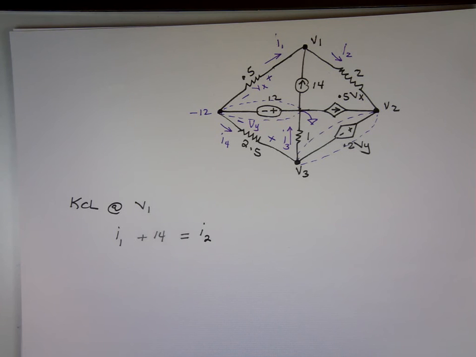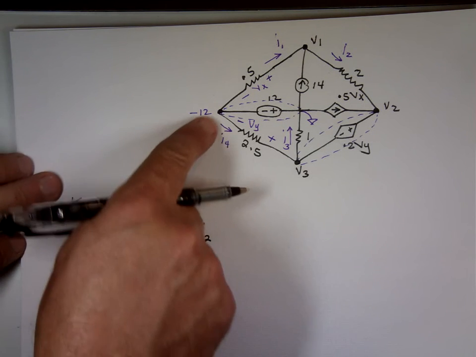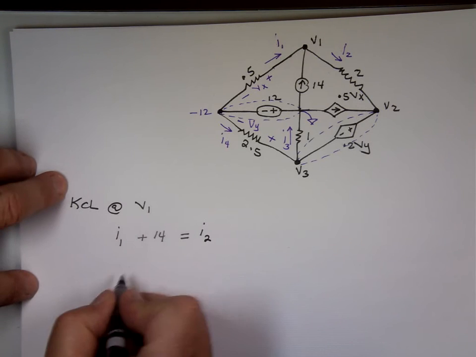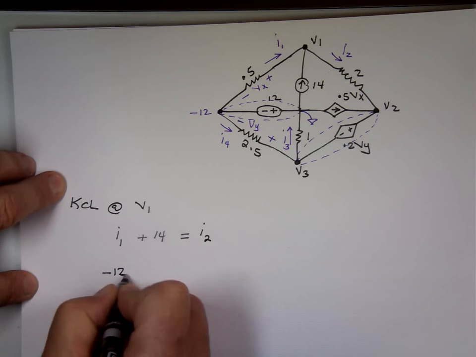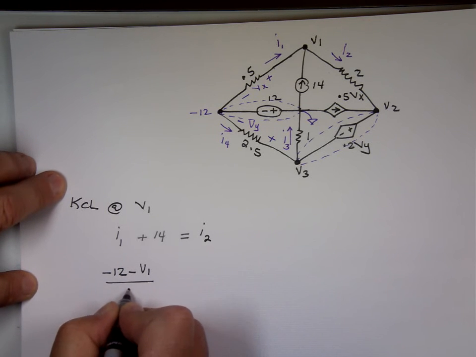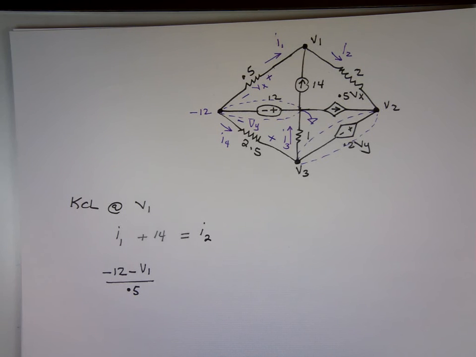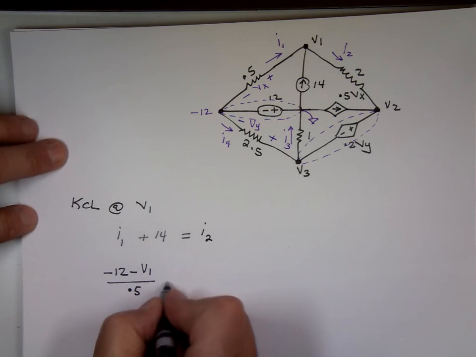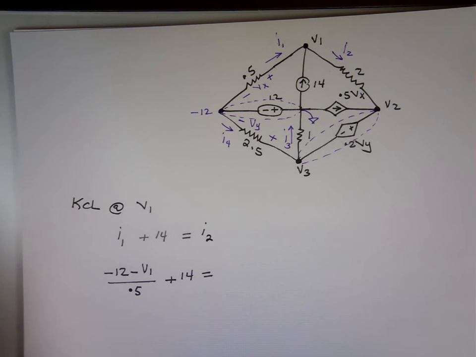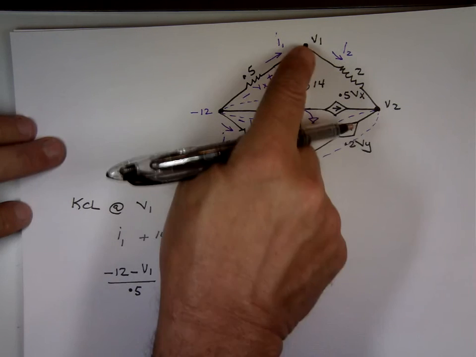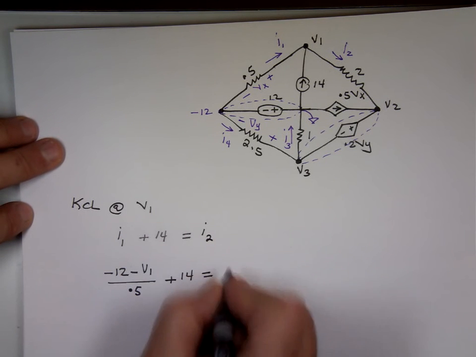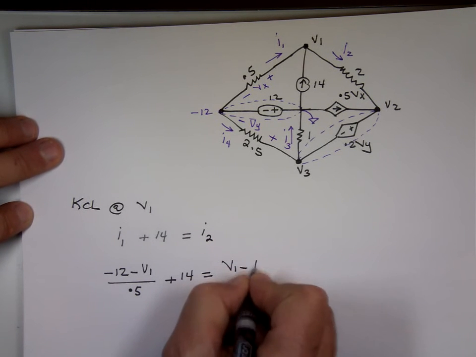We defined I1 going up there, so it's this voltage minus that voltage: negative 12 minus V1, over 0.5, plus the 14. I2 is going down: V1 minus V2, over 2.